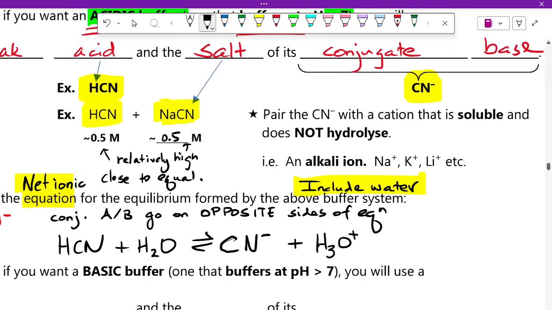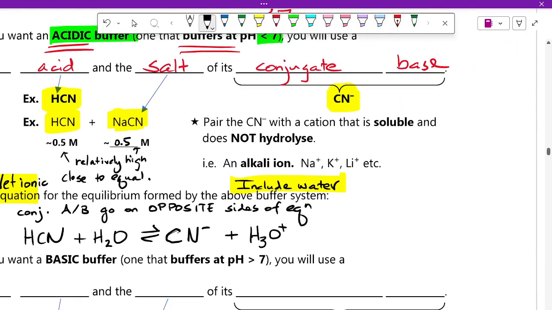Now, to be honest with you, you could have written this a different way. You could have put the CN minus on the left and the HCN on the right. And if you did that, you could put the water on the left and the HCN on the right. And what would we get over here? Oh, wait.